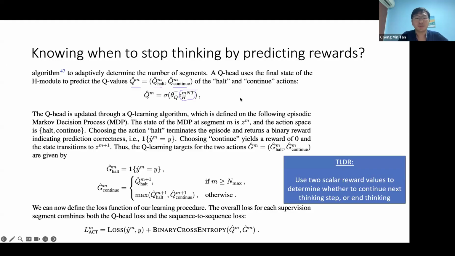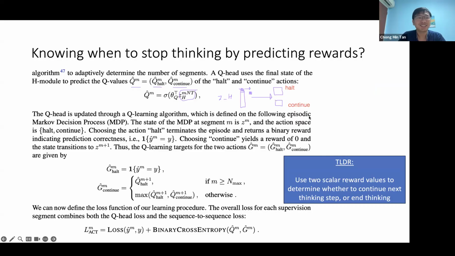If this is your final state of the H, this is your hidden vector from the H, ZH, we run it through an MLP, and the MLP has only two outputs. This output here is basically halt or continue. As I said earlier, it's not the entire ZH they use. They only use this part here, the black color part, which is the puzzle embedding. This is not reflected anywhere in the paper, so I guess they should put this in the paper.